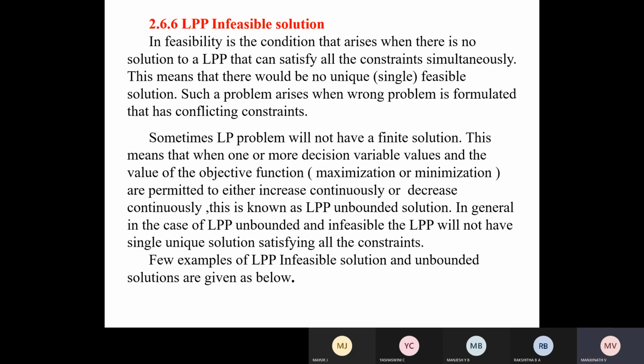On LPP infeasibility, you should understand that LPP is not a magical tool that can answer all the questions. LPP is not the only tool to answer business problems, everyone should understand, because there are several tools to answer your business problems. LPP is just one among them. There are, as I said, 24 or 26 different techniques of solving and formulating business related problems.